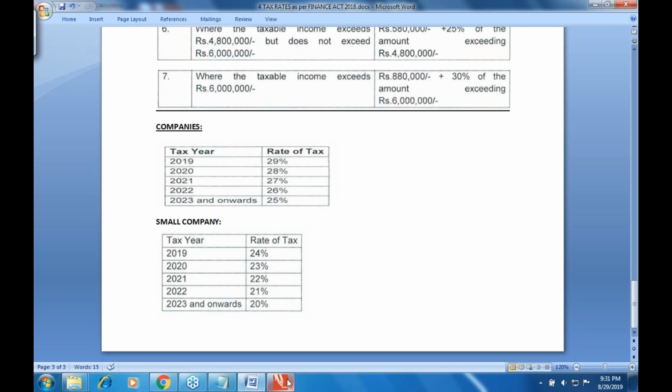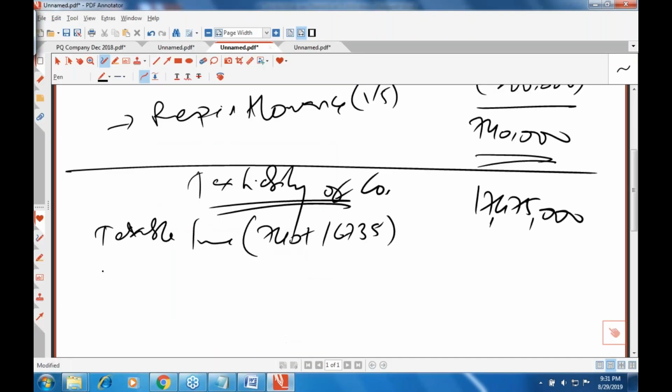So you'll pay tax at 30%. So the tax turns out to be 5,242,500.